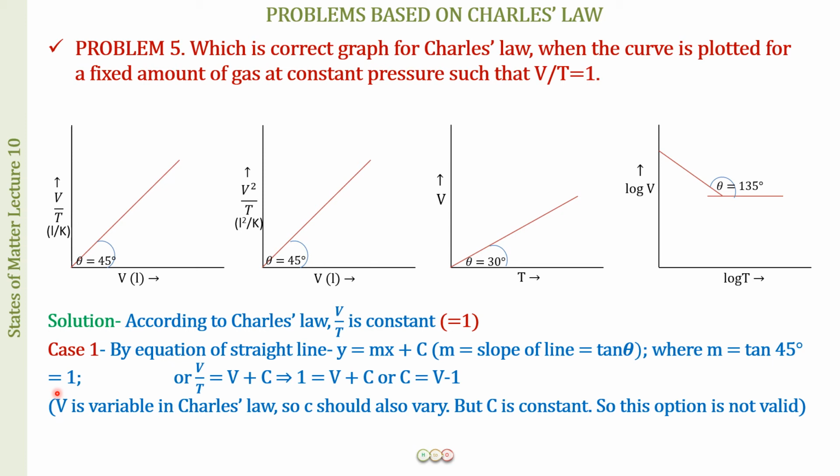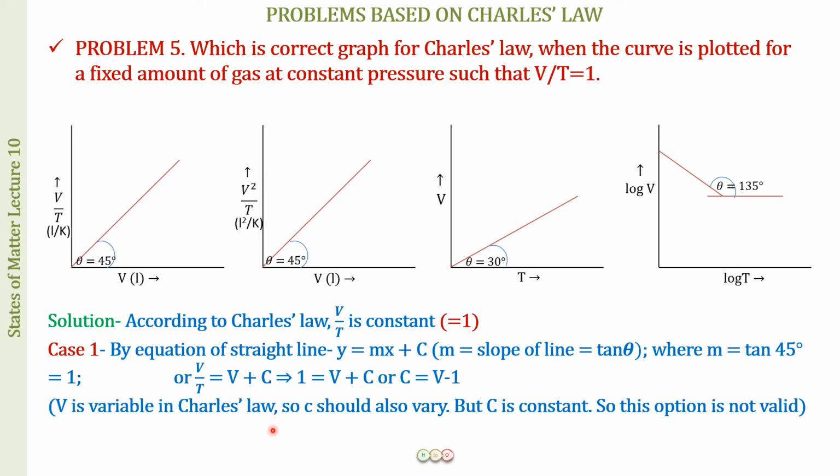So just putting all these things into the equation, V by T is going to be y, X is V and M is 1. So we have V, and C is the constant. So V by T equals V plus C, and we know that V by T is given to us to be 1.